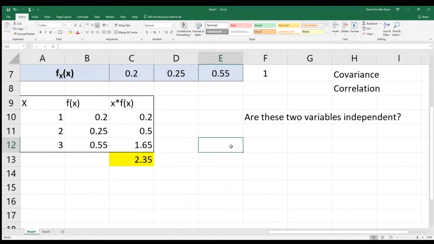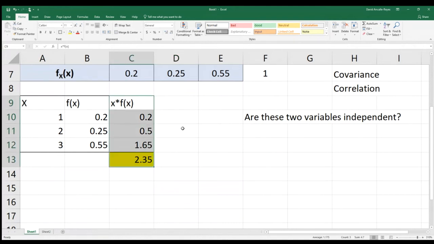No, it looks correct. My variance, on the other hand, is the sum of x minus the mean, squared, multiplied by the probability. So I'm going to get that quickly.